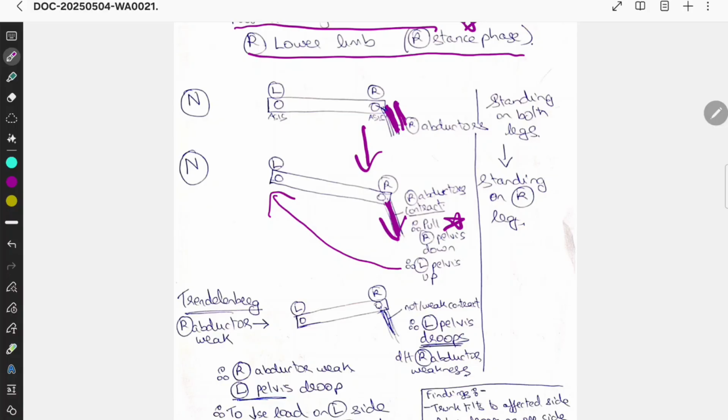So initially, let's suppose the patient is standing on both legs and then stands on the right leg, that is the affected leg, then immediately the right sided abductors contract, which pulls the right pelvis, right ASIS inferiorly, and left ASIS goes superiorly. Okay, so this is the normal mechanism.